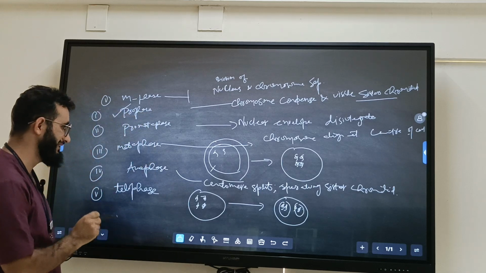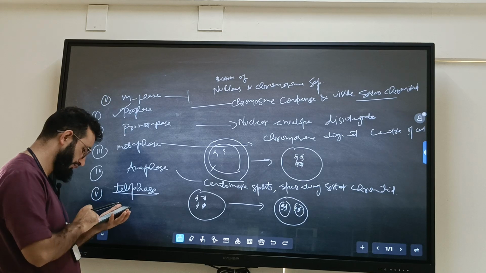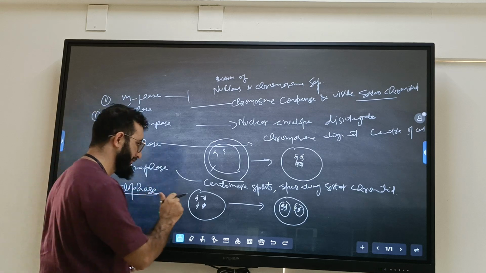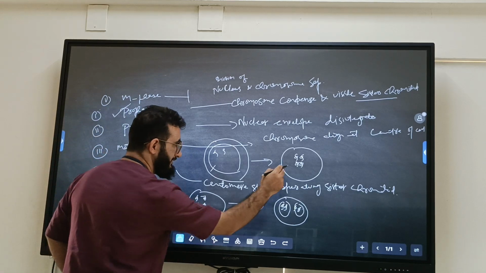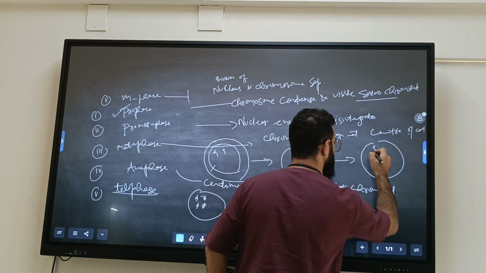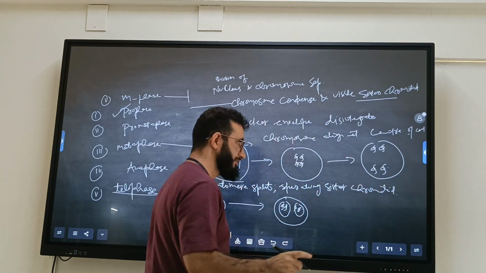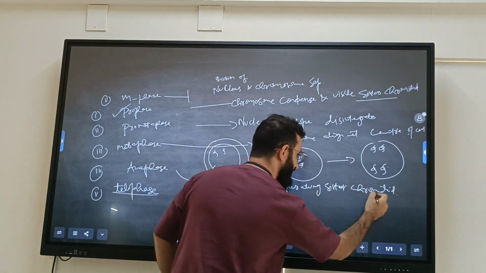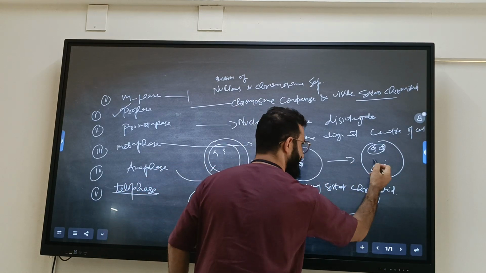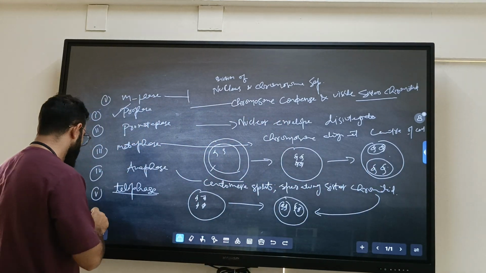So this phase is carried in telophase. First, the chromatids will reach opposite poles, and then subsequently there will be the formation of nuclear membrane around the chromatids.